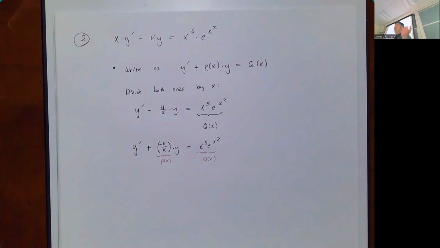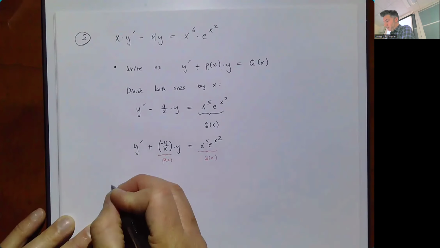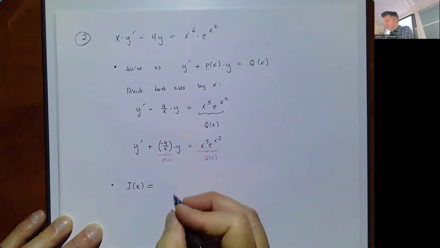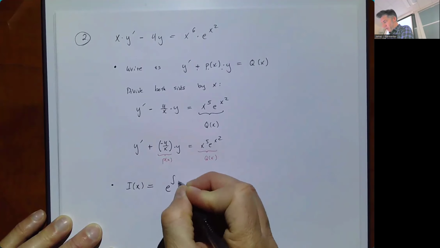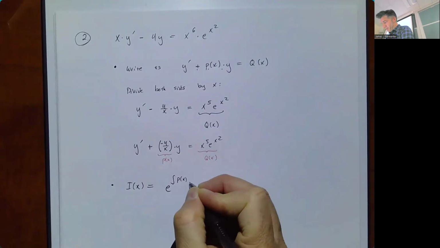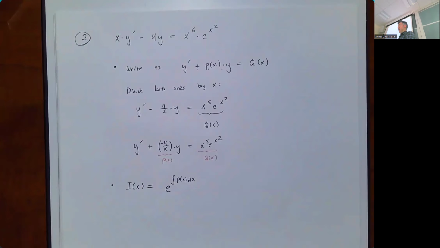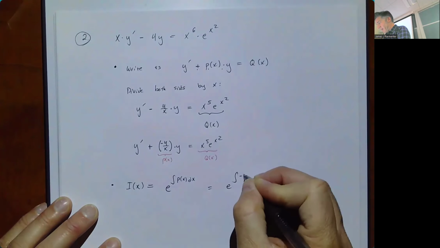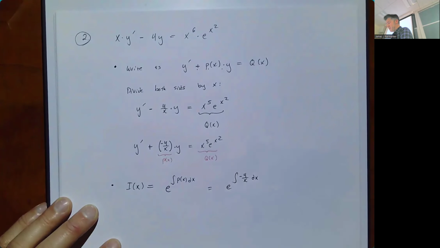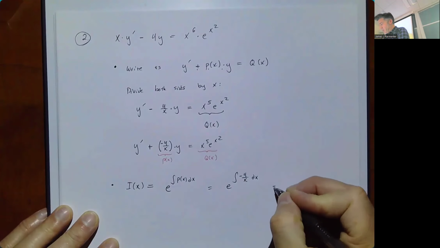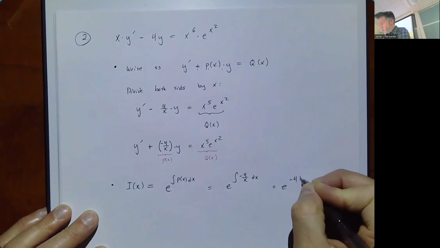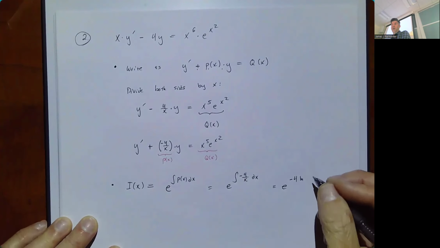So the way we find the integrating factor, I of x, is always going to be equal to e to the integral of p of x. Every single time. That's why we have to identify what p of x is. In this case, it's going to be e to the integral of negative 4 over x dx, which is e to the, let's see, the antiderivative of negative 4 over x is negative 4 natural log of x. I'm not going to write the absolute value here.